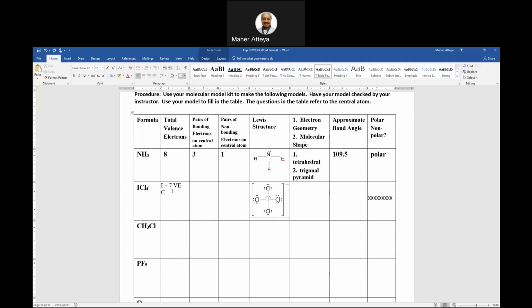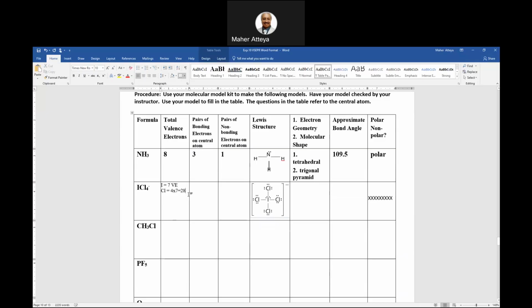Chlorine has 7 valence electrons, and we have 4 of them, so 4 multiplied by 7 is 28.